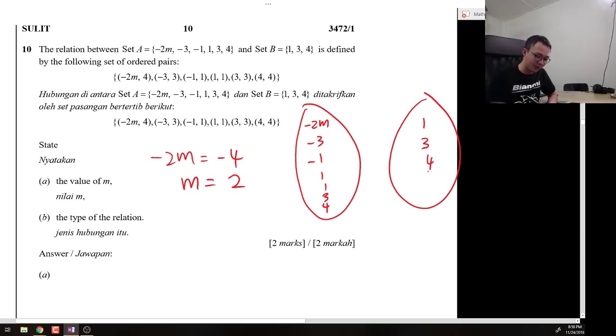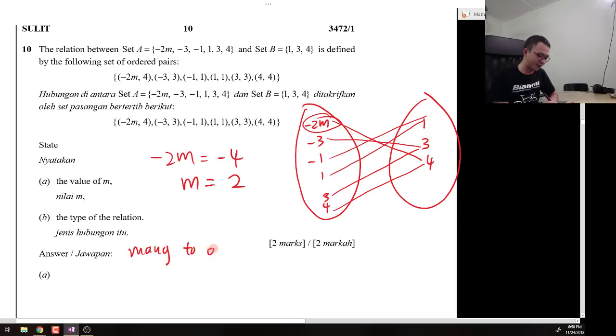That's all. So you can see negative 1 goes to 1, 1 goes to the 1 here. Why so many 1s here? No, this is extra. And then you can see negative 3 goes to 3, 3 also goes to 3. So therefore, when 4 goes to 4, negative 4 also goes to 4. So this value is negative 4. And obviously you see so many go into 1, right? So it's a many to 1 type. Right, very easy.